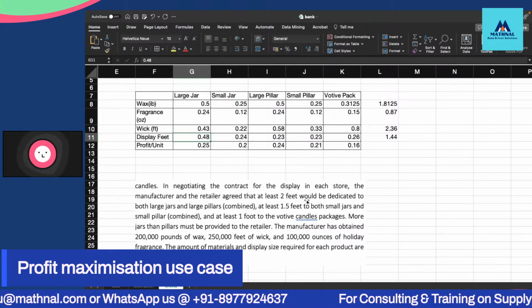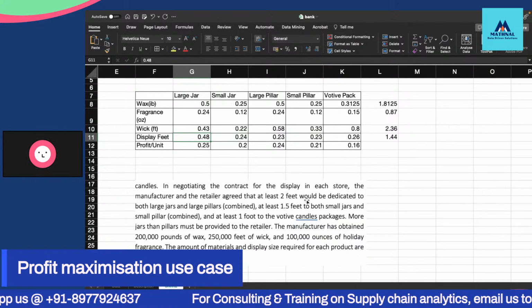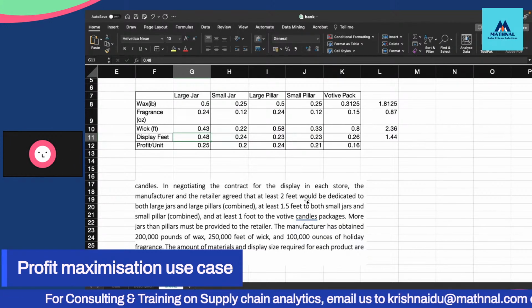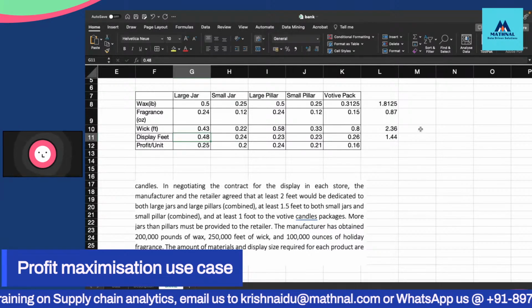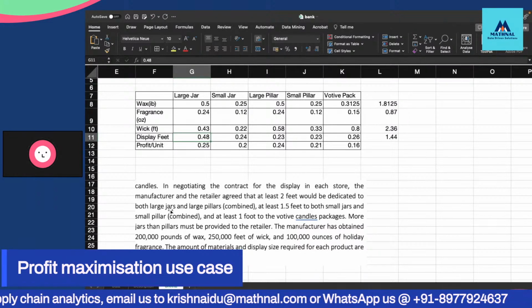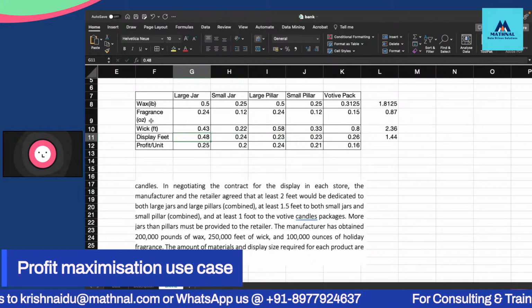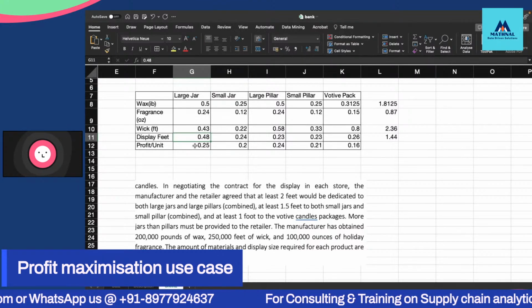The manufacturer has obtained 20,000 pounds of wax, 250,000 feet of wick, 100,000 ounces of holiday fragrance.